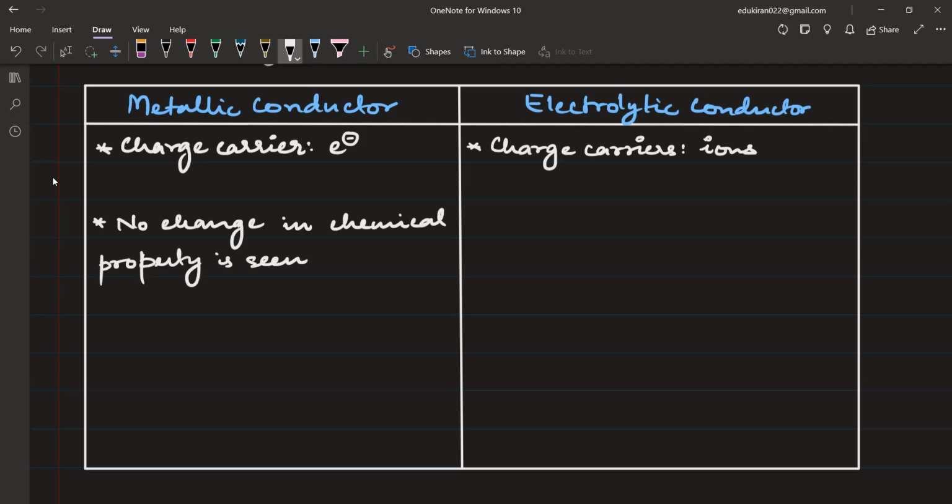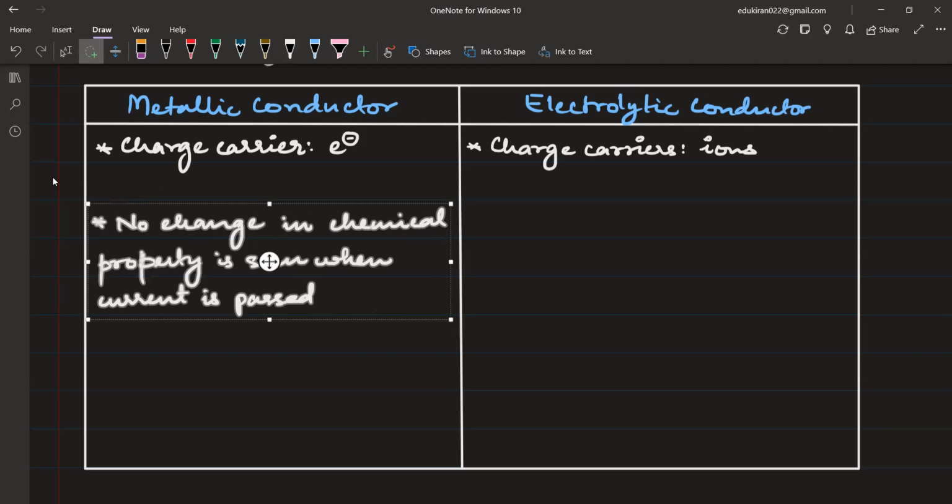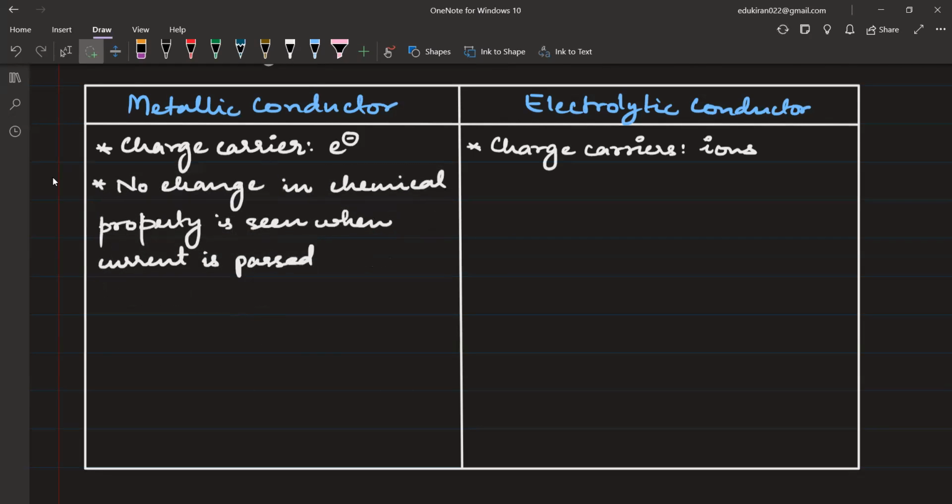Is seen when current is passed. Okay. But here, what do we see? When the current is passed through an electrolyte, decomposition happens, right?